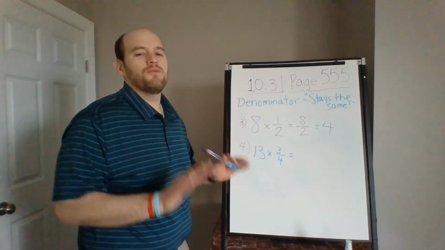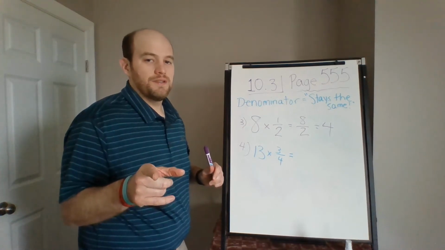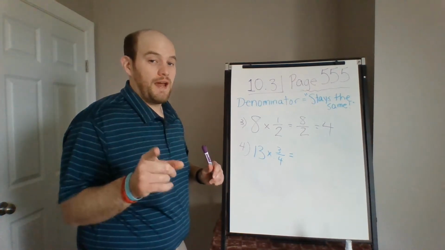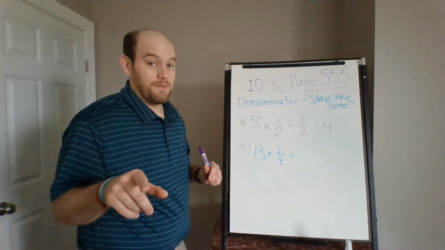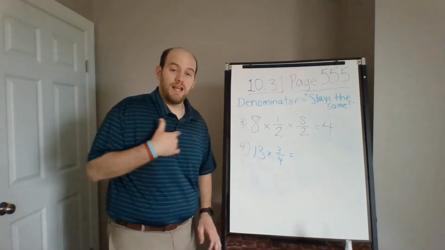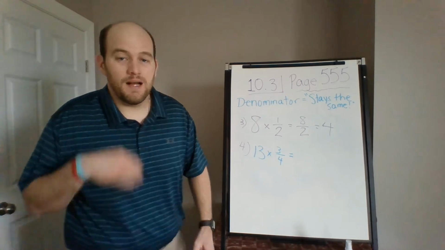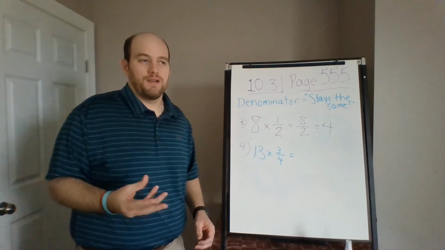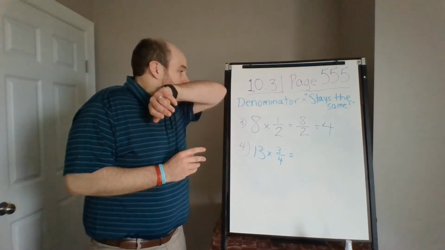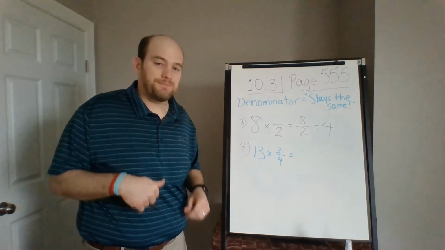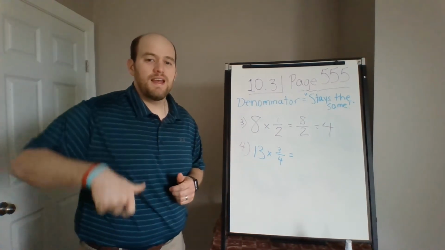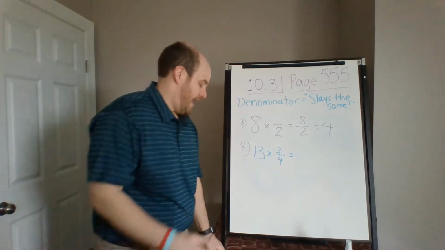Mr. McQueen, I don't know how to do that. No, you don't. All right, but I know for a fact you might know 12 times 3 or 11 times 3. So I'm going to go with 11 times 3 because I know that one. 11 times 3 is 33. Okay. I have to go up 2 more spots. So I'm at 33. I had to go 36 and then 39. All right.